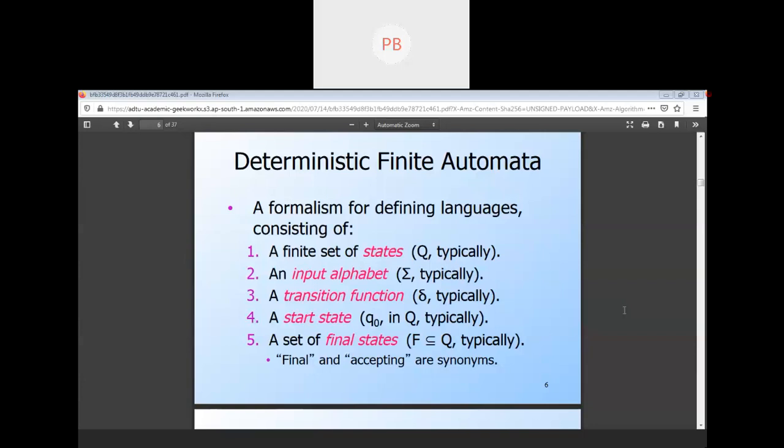Anyone else who can give the answer? The answer is this one.